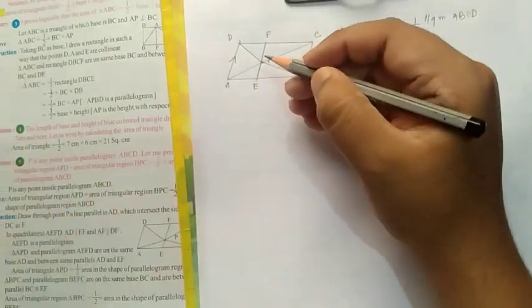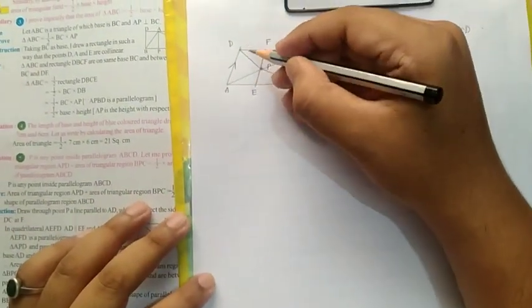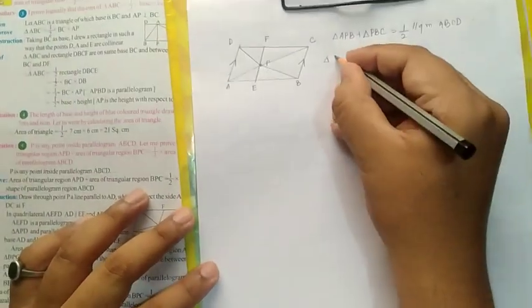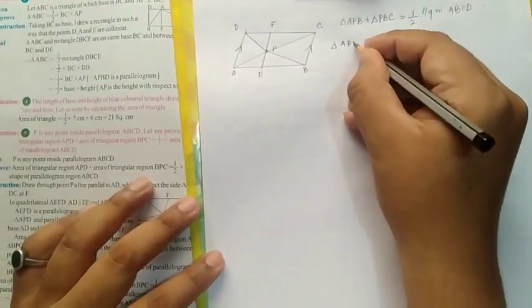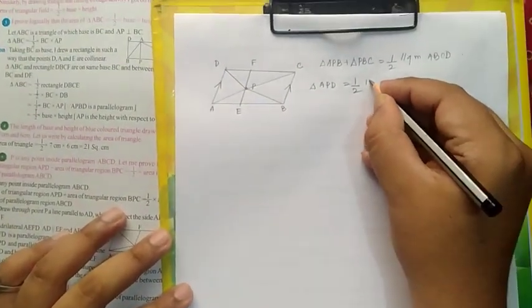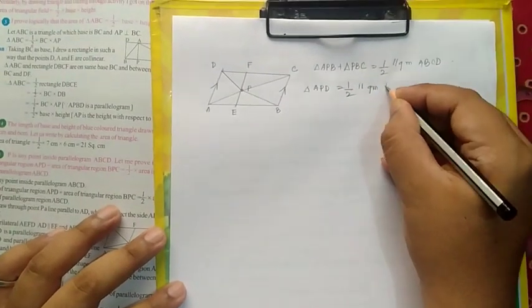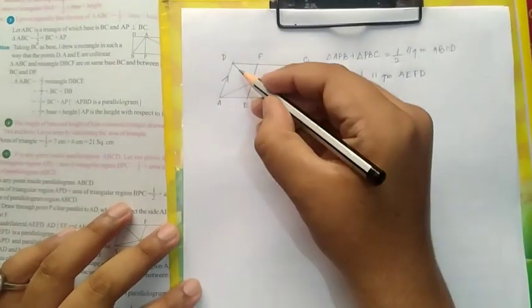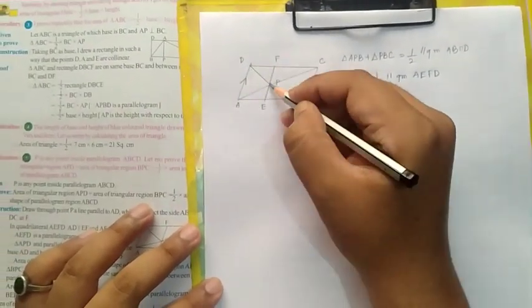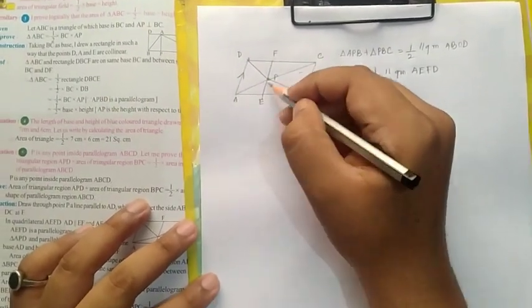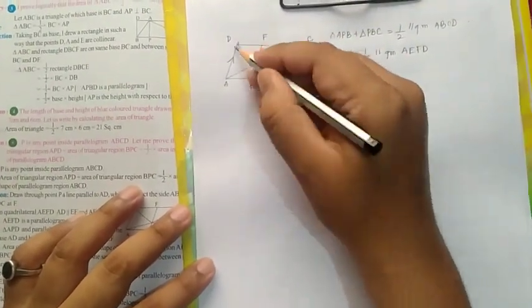So in this diagram, triangle APD equals half of parallelogram AEFD. This triangle APD and this parallelogram are on the same base and between the same parallels. Therefore, the area of the triangle equals half of the area of the parallelogram.